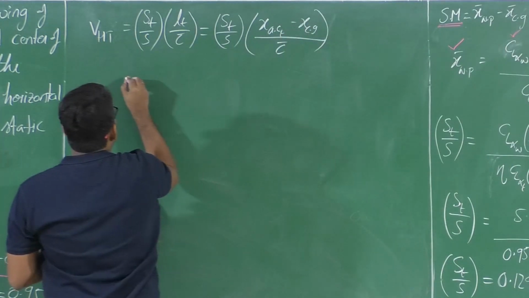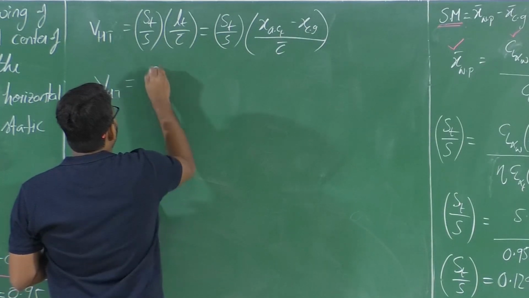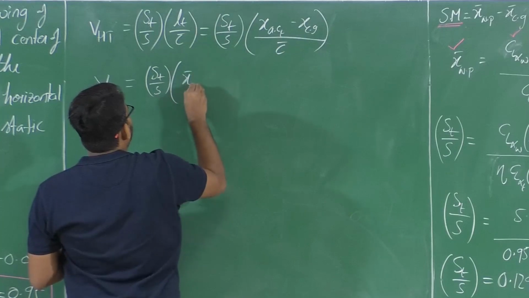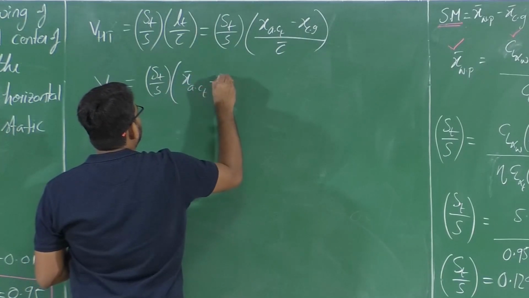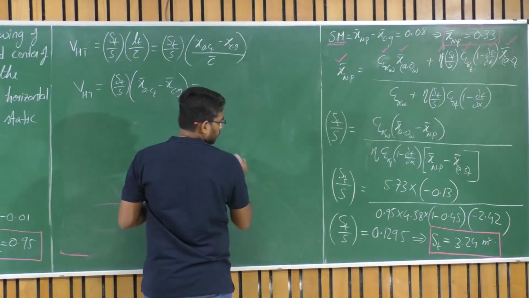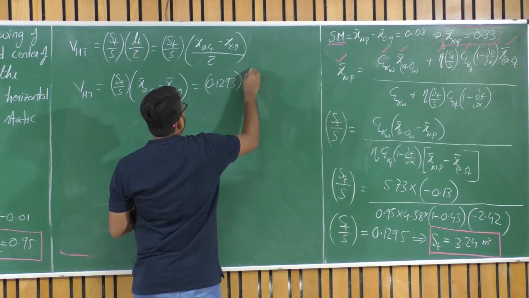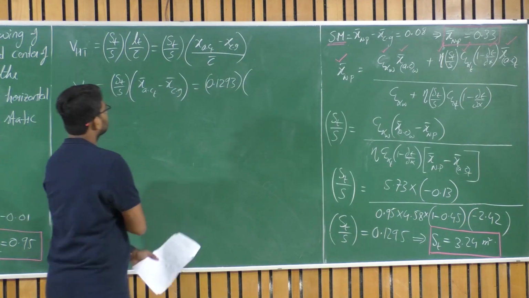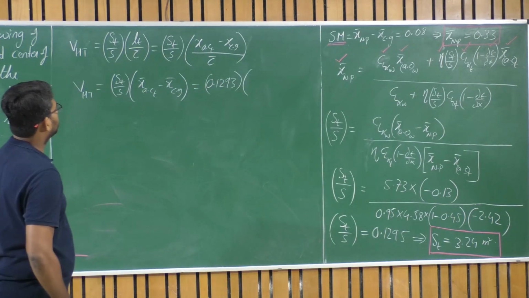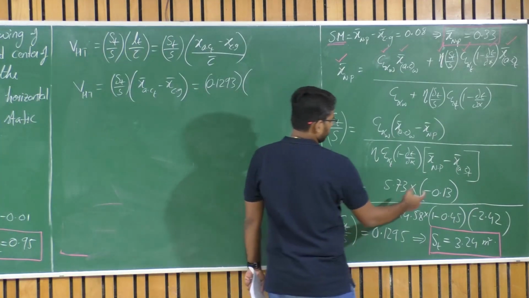This can be written as VHT is St upon S times X bar AC of tail minus X bar CG. This is equal to 0.1295, that is approximately 0.13, multiplied by X bar AC of tail minus X bar CG. So this is this value.